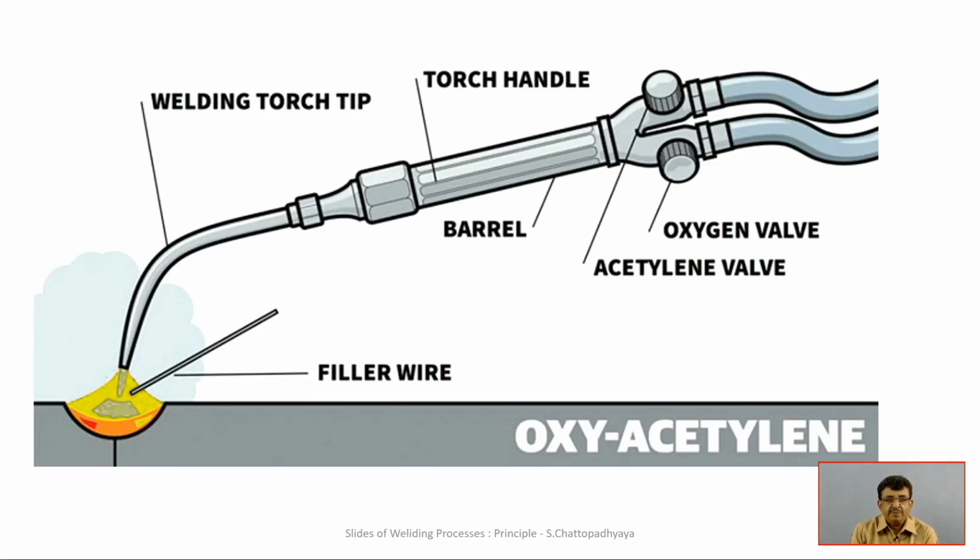So one can see this torch. The torch tip delivers this mixed oxyacetylene, as the name suggests, and all the gases are mixed in the torch handle.